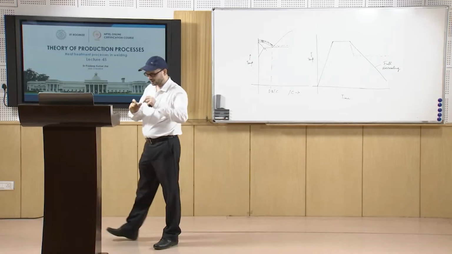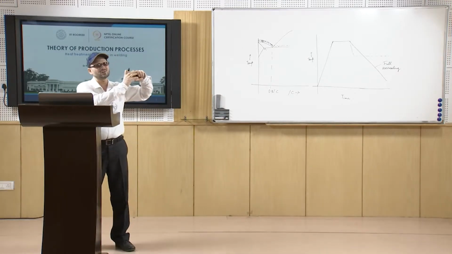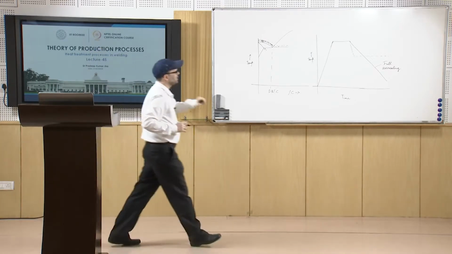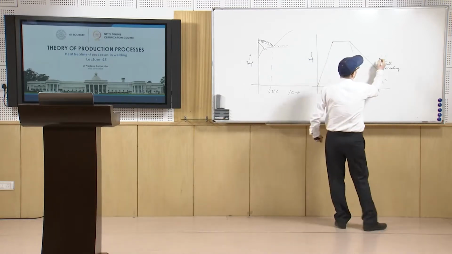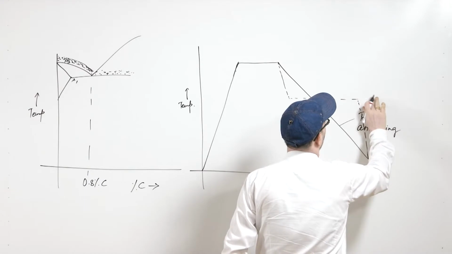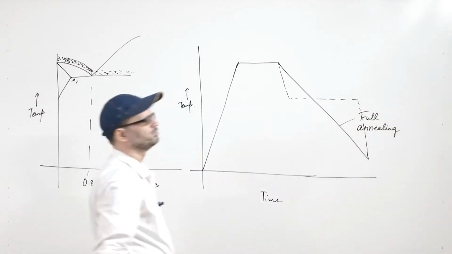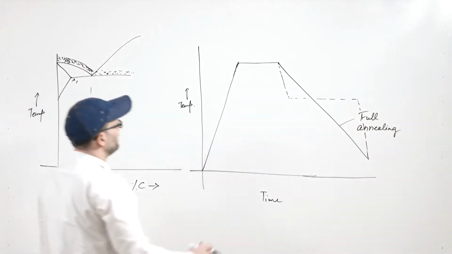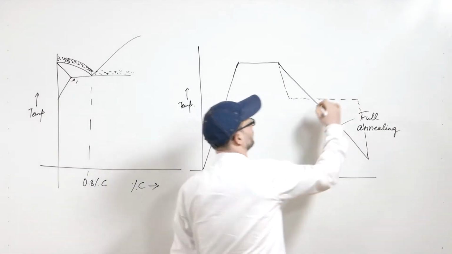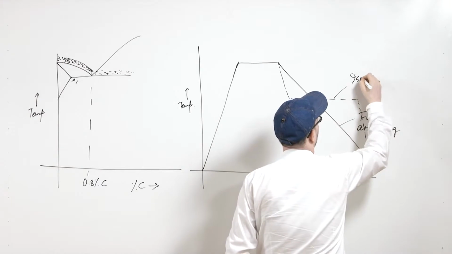So, this transformation will take place at a constant temperature, and after that you are cooling it fast to the room temperature. So, basically the transformation takes place at this constant temperature. So, this is known as isothermal annealing.